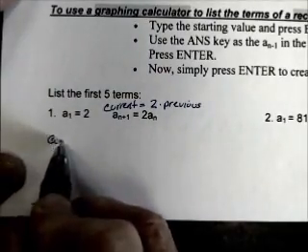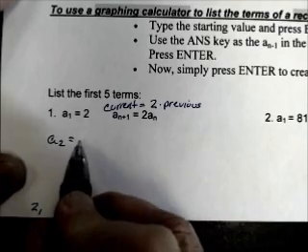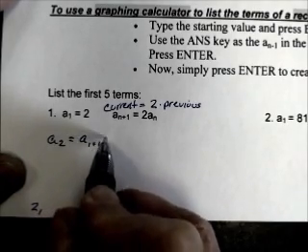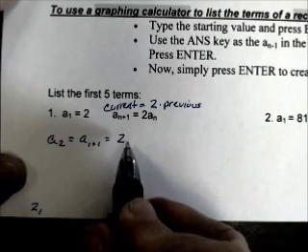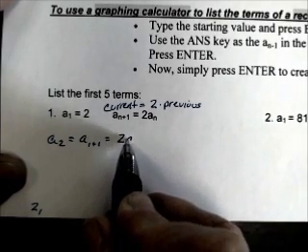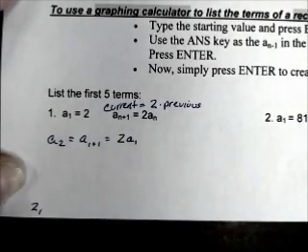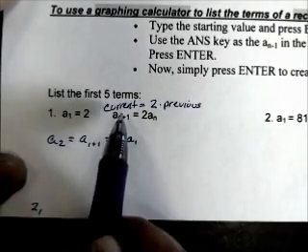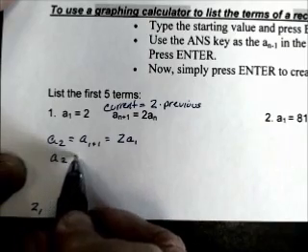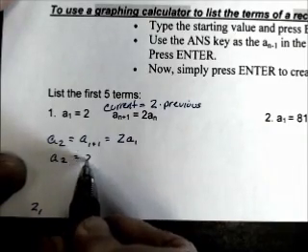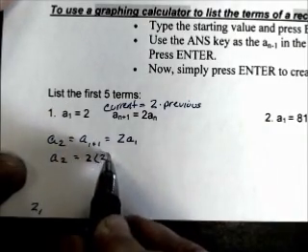So a sub 2, which would equal a sub 1 plus 1, is equal to 2 times a sub 1. And I simply like thinking of it as the current equals twice the previous. So in that case, a sub 2 is going to equal twice the previous, which was 2.